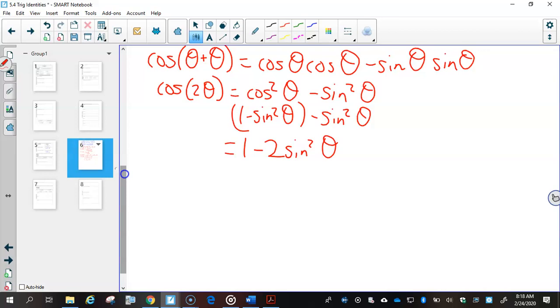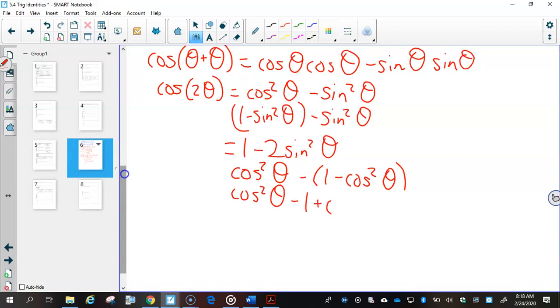Sine squared equals 1 minus cosine squared. Now you're just redoing the problem as another way? Is that what you're saying? Okay. And you can still simplify that, right? Yes. So this would be 2 cosine squared minus 1. Almost the same thing as this one, which is your third double angle for cosine.